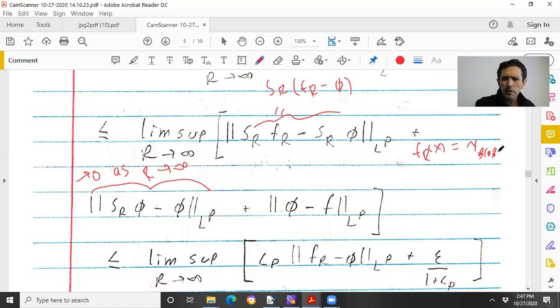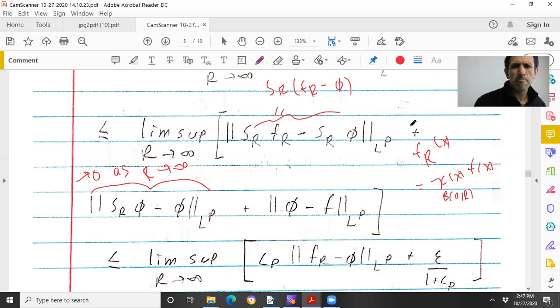So f_R is in L^1, and so it's in L^1 intersect L^p. This Schwartz function is clearly in L^1 intersect L^p.